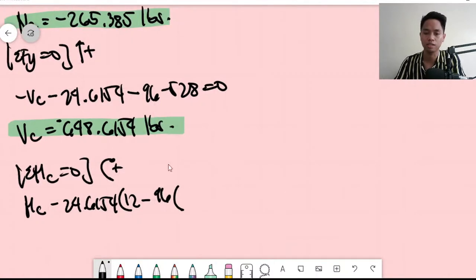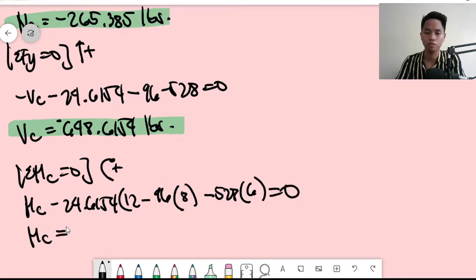So 96 times 8, minus 528, whose moment arm is half of 12, so that would be 6, equal to 0.